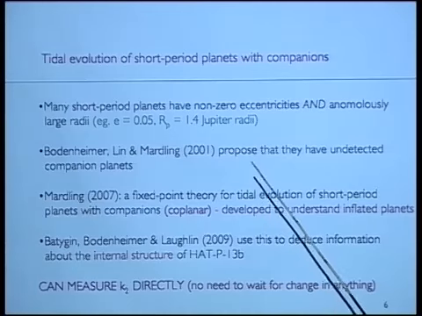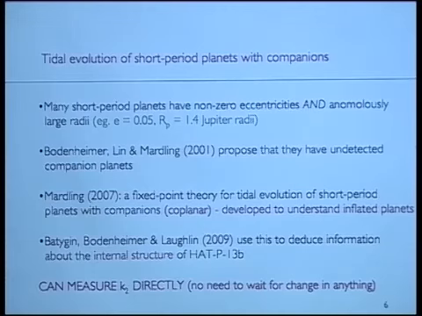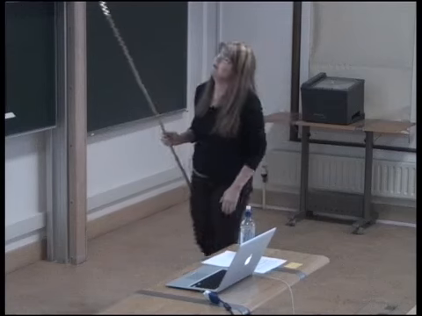Nonetheless, many short period planets have non-zero eccentricities, and talking to people in the last couple of days, it seems that maybe one shouldn't expect them to be zero, because perhaps the Q values are much bigger than we think.